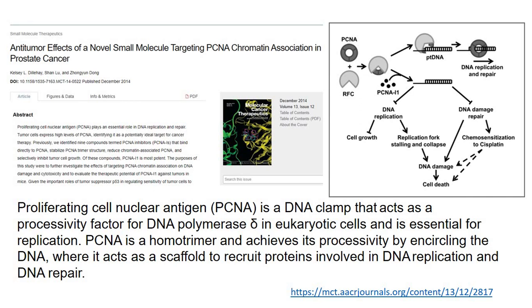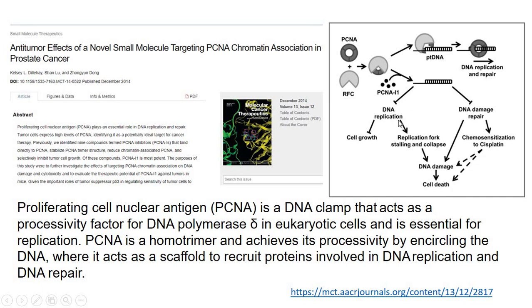So here in this example, you can see this is PCNA and RFCs. They work together. This is the replication factor. As a replication factor and PCNA, these bind to DNA. They hold the DNA because it's a clamp. It's important for DNA replication and repair. But if we inhibit PCNA and it cannot bind to DNA, that will lead to DNA damage. Finally, it will lead to cell death.